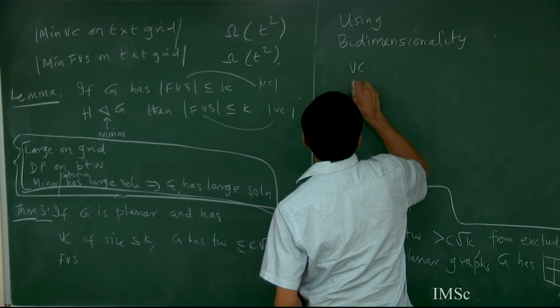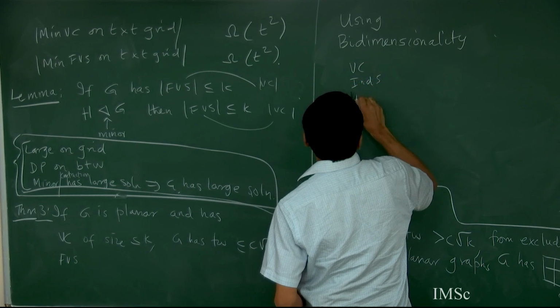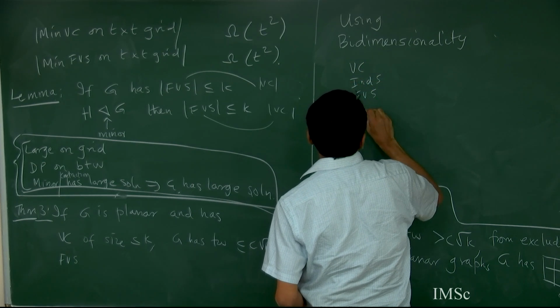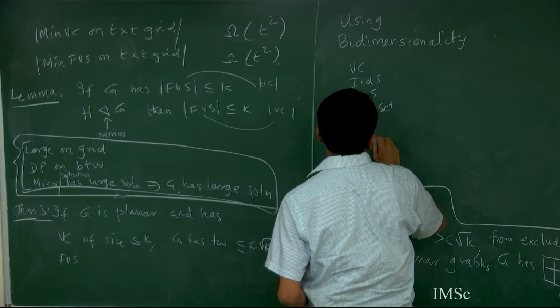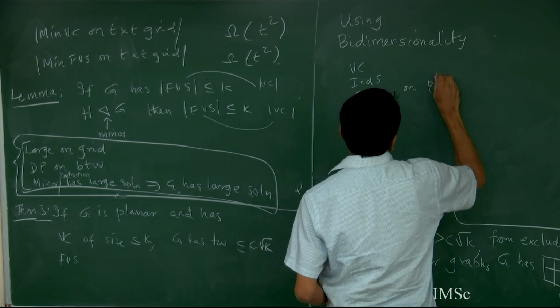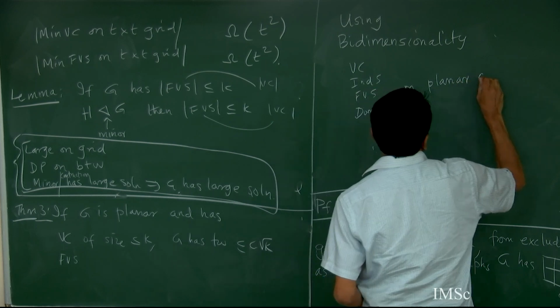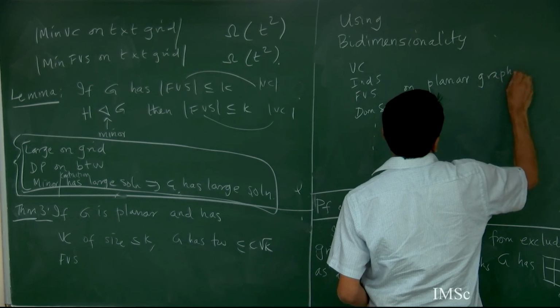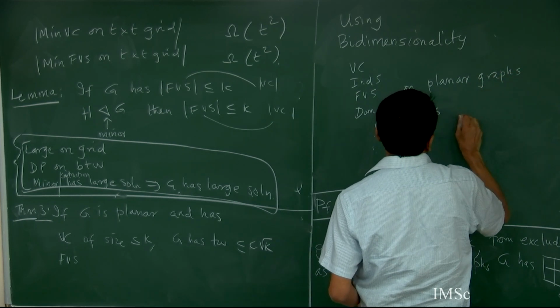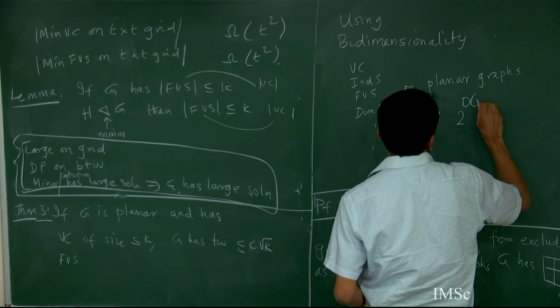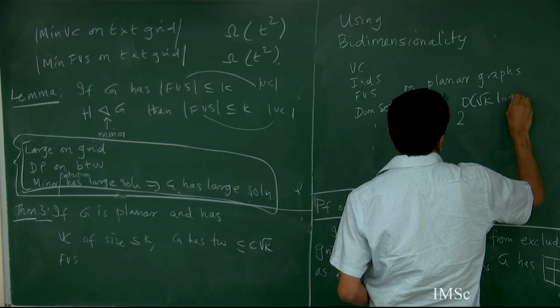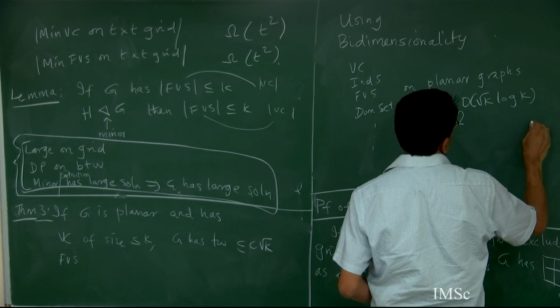So vertex cover, independent set on planar graphs, maybe there is some log k FPT.